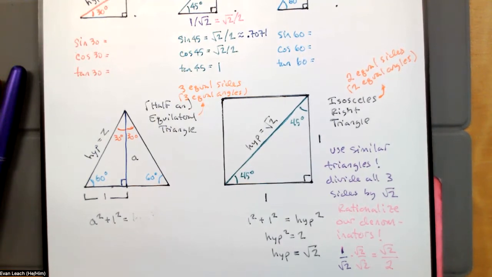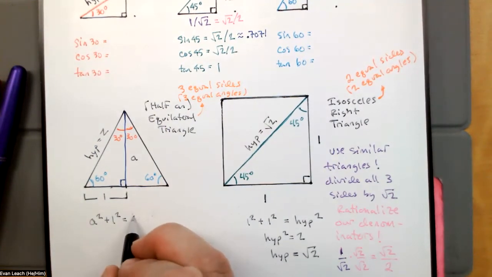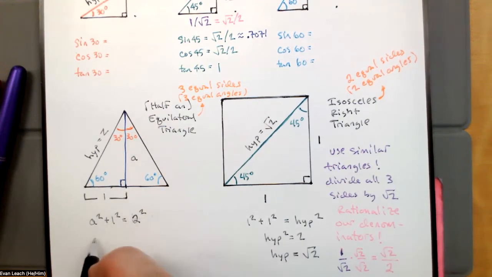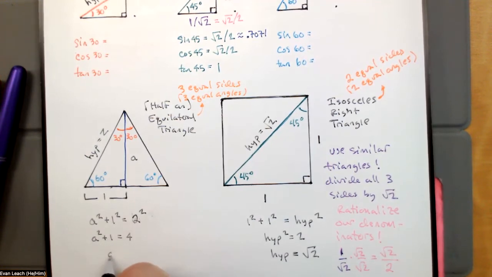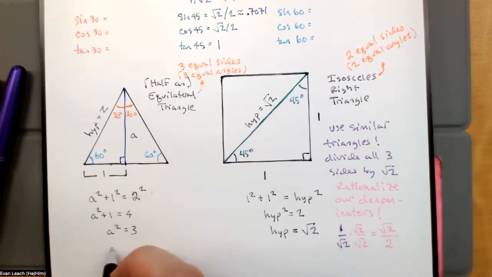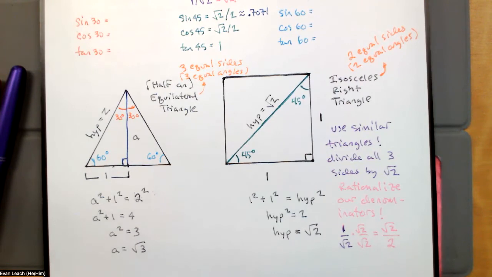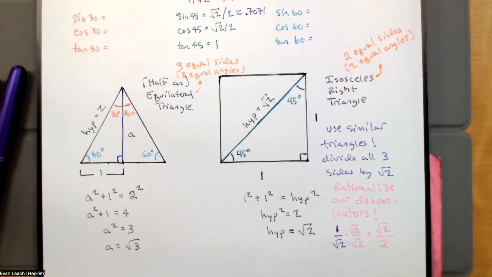Lag. It equals the hypotenuse, which is 2 squared. So a squared plus 1 is equal to 4, so a squared is 3. So a is the square root of 3. Are we okay? So the sides in this triangle are 1, square root of 3, and 2.